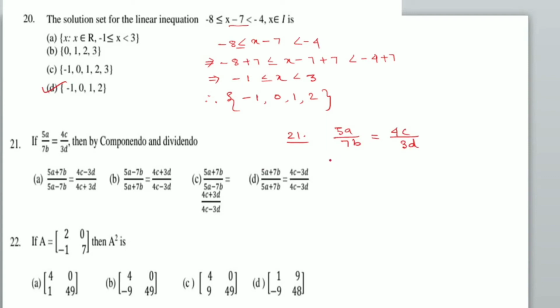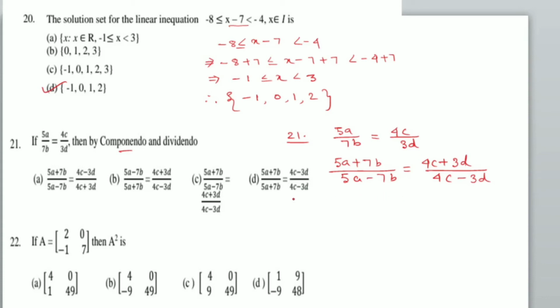Then by componendo and dividendo property what we will get? 5a plus 7b divided by 5a minus 7b is equal to 4c plus 3d divided by 4c minus 3d. So this will be the right answer.